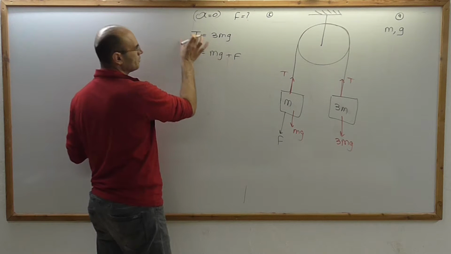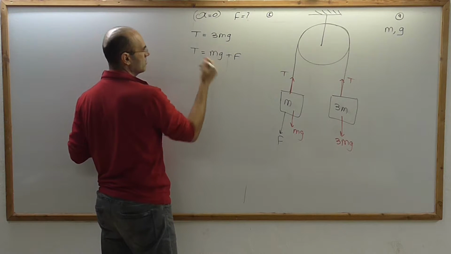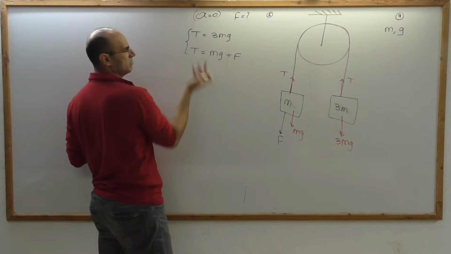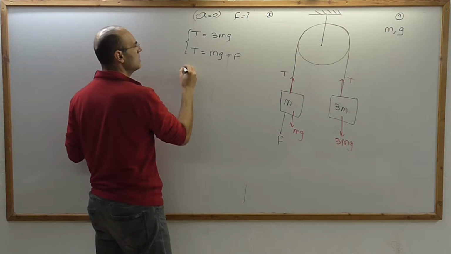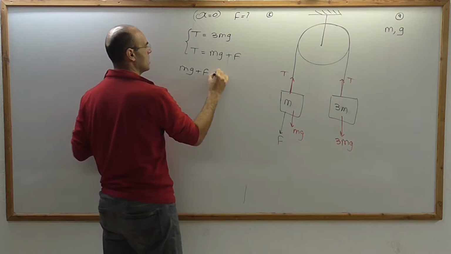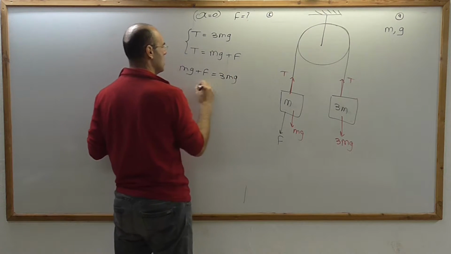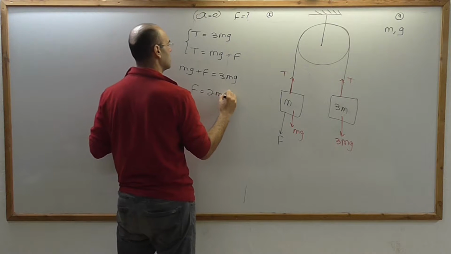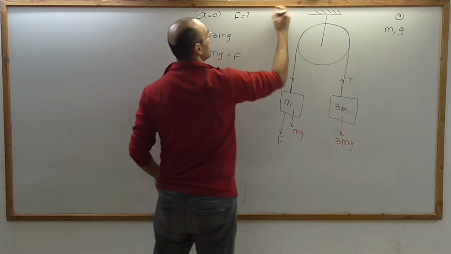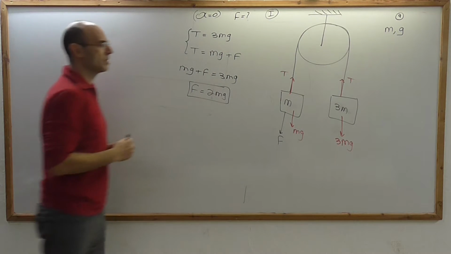Let's solve it. We can subtract them, it doesn't matter what we do. Let's put this here, and mg plus F equals 3mg, F equals 2mg. Okay, this is our first example.